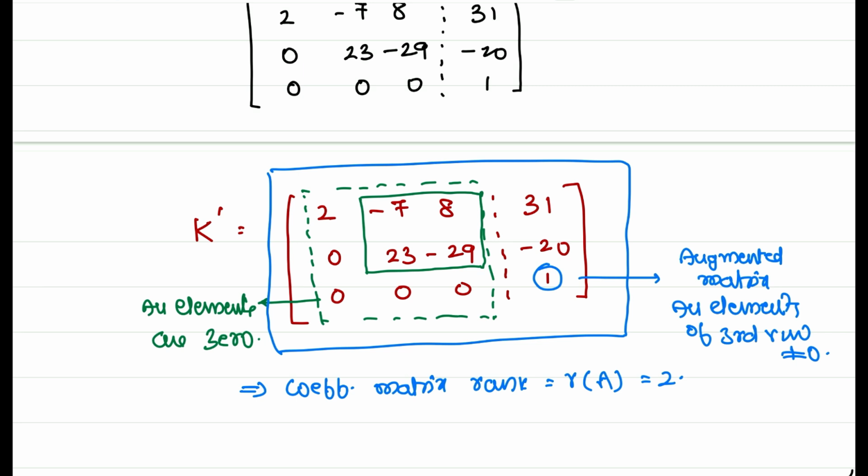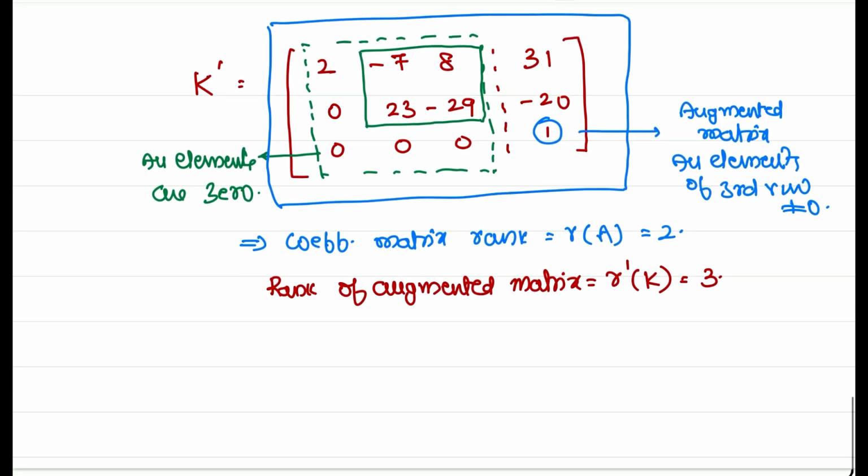Hence, the rank of the augmented matrix is equal to R dash, that is 3, because none of the rows is fully 0 for an augmented matrix.